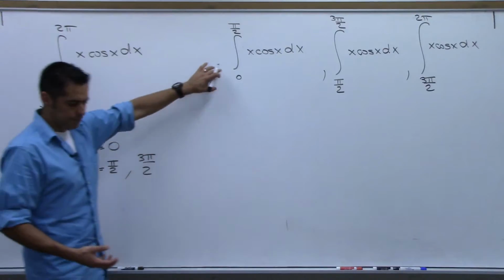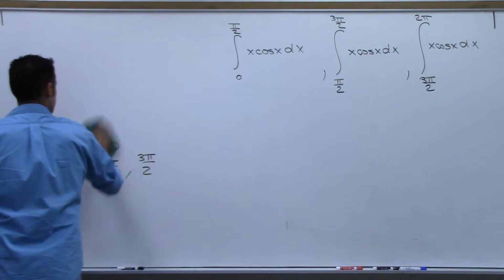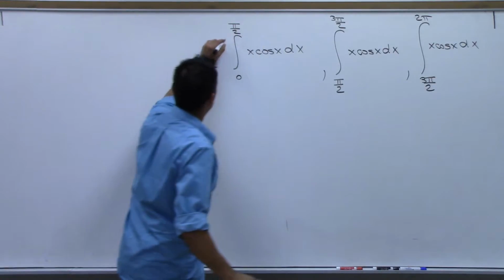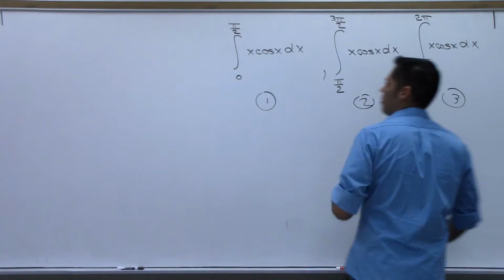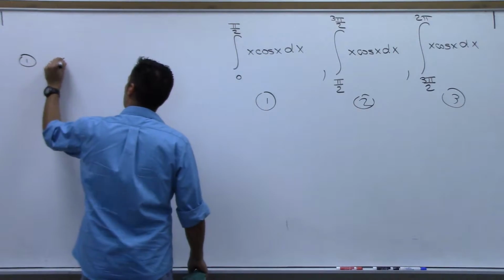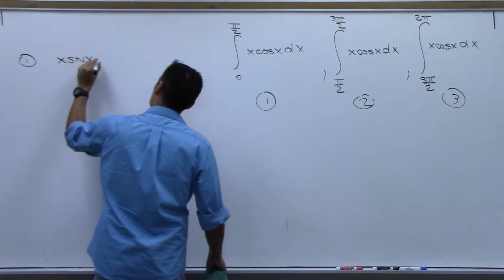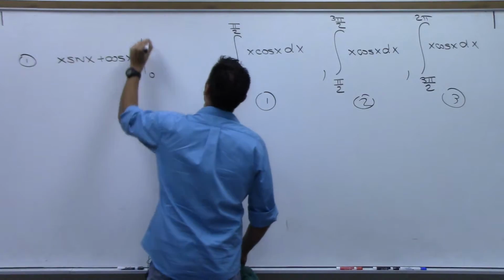So let's do this one. Let's call this one 1, this one 2, and this one 3. For integral 1, the antiderivative, which I believe was x sine x plus cosine x, evaluated from 0 to pi over 2.